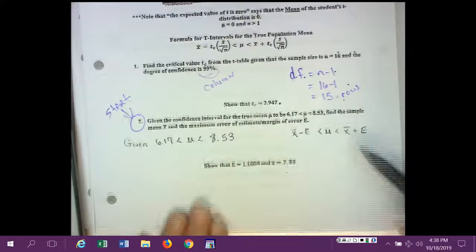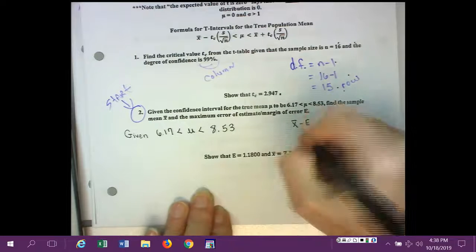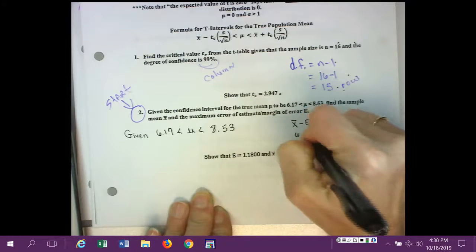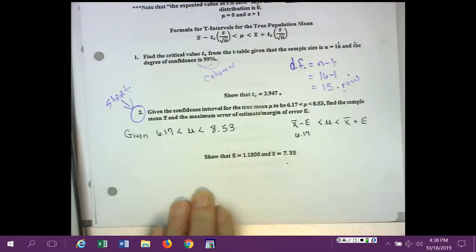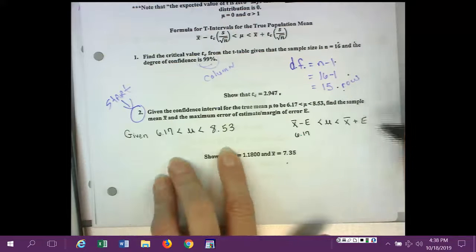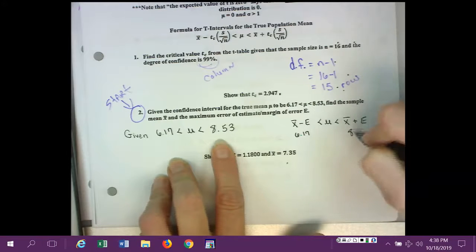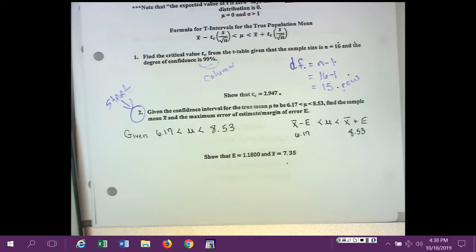In other words, x bar minus E is equivalent to the 6.17, and x bar plus E is equivalent to the 8.53. That will help you to understand how to find the sample mean and the margin of error.